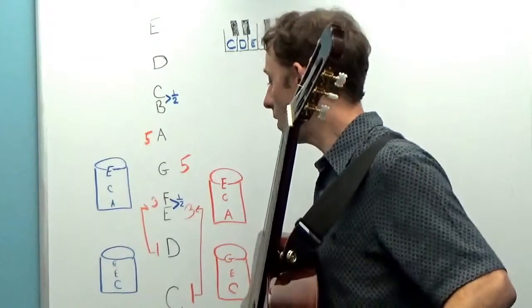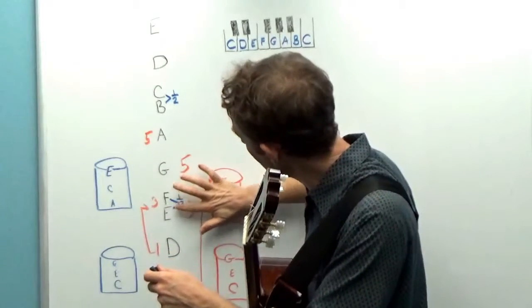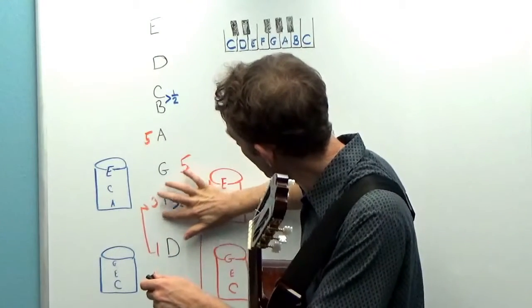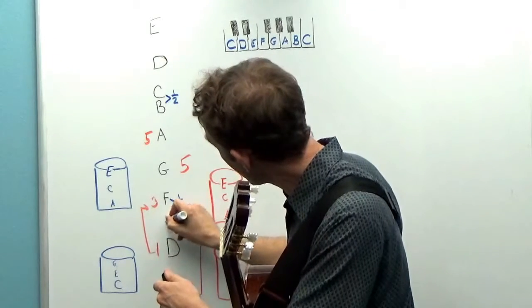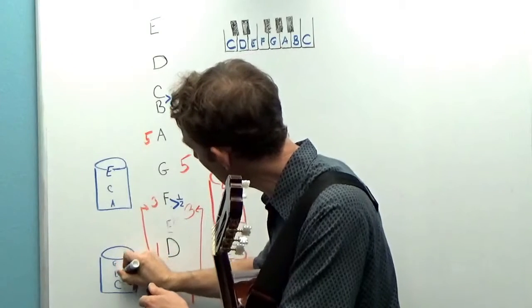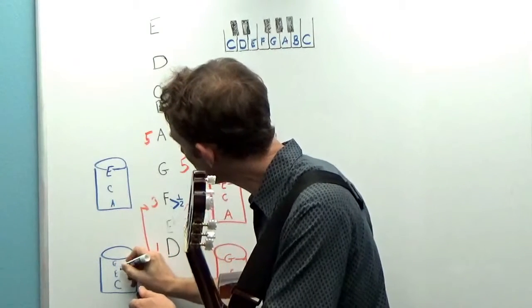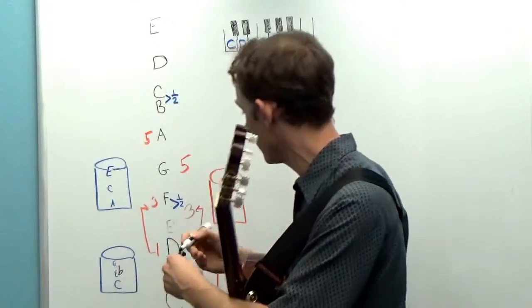However, if we wanted to make a C minor chord, we would need to lower that third down, make it a little bit lower, so it's going to be down here as an E flat. So that's why we would add a flat to the E of our C minor chord.